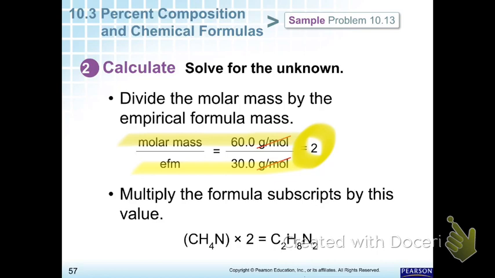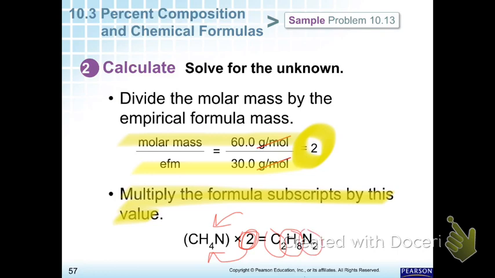Then you're going to distribute. I said distribute, but distribute to the empirical formula. So you're literally using like the distributive property. Here is your number that you just calculated. Here is the empirical formula that you were given. So give carbon a 2. Multiply that 4 in the hydrogen by 2 to get H8.